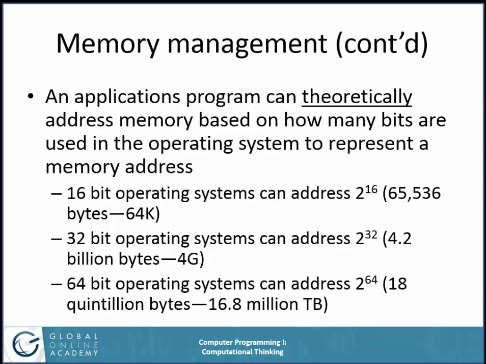And that was all the physical memory that the computers on board the Space Shuttle had at the beginning of the Space Shuttle program. They got better over time, but for the first several years of the Space Shuttle program, 128K of memory. And now we're talking about 16.8 million terabytes, or 18 quintillion bytes, instead of 65,000 bytes.